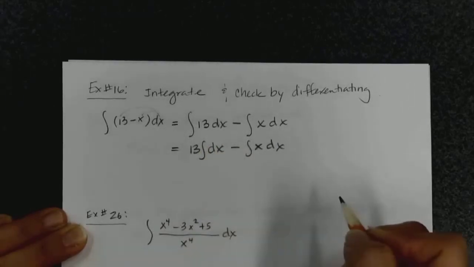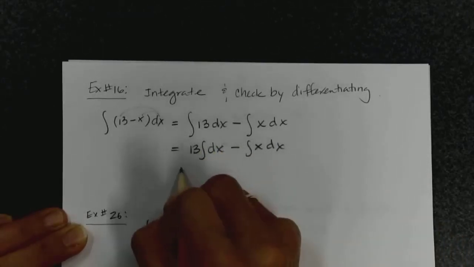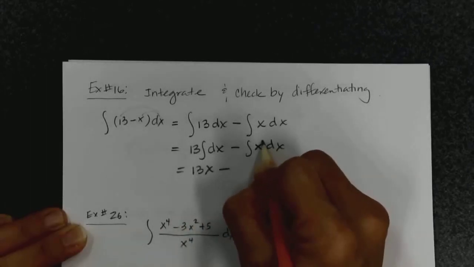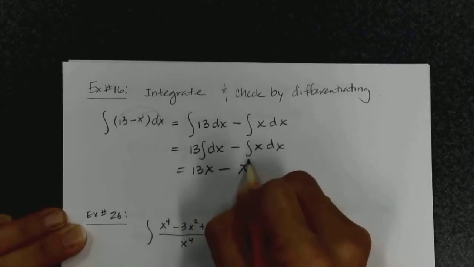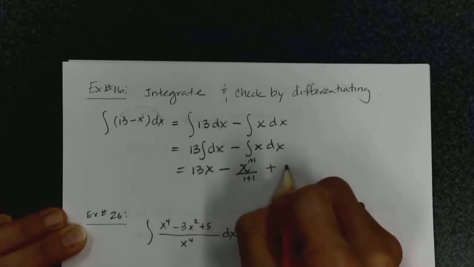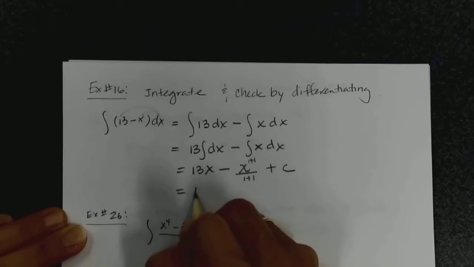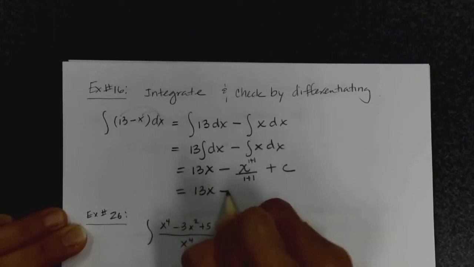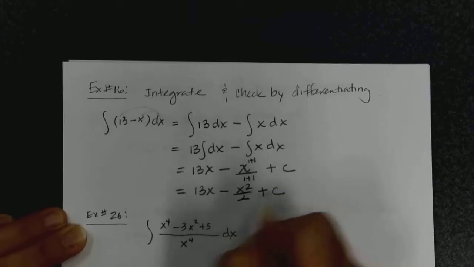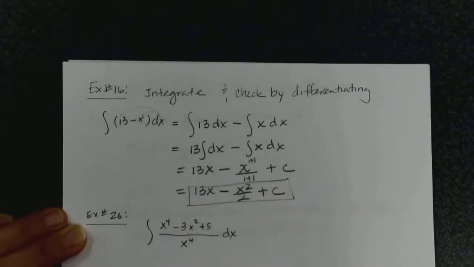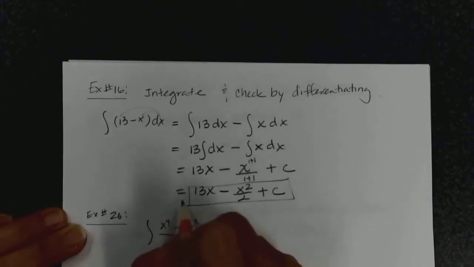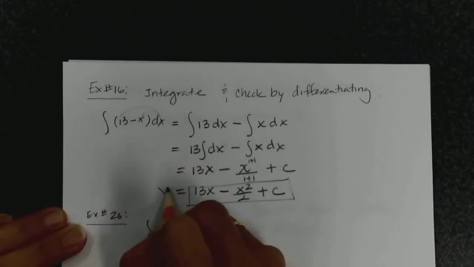Now, the integral of dx is just x, so 13x minus, using the power rule, this becomes x to the 1 plus 1 over 1 plus 1, plus c. Then this becomes 13x minus x squared divided by 2 plus c, and this is the integral of this function right here. So this will be my y, or f of x.